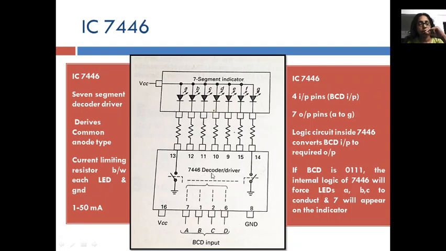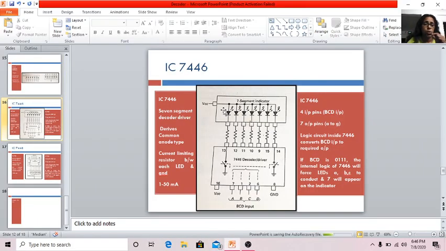This IC 7446 decoder drives this common anode type indicator.